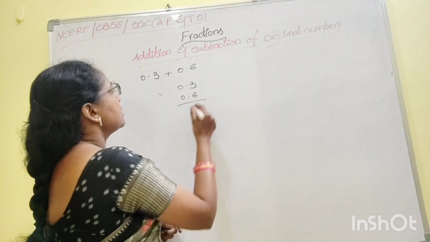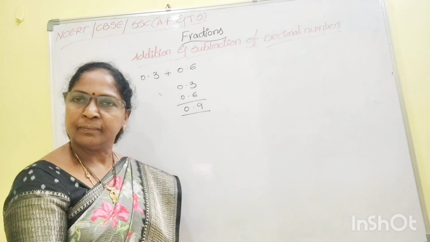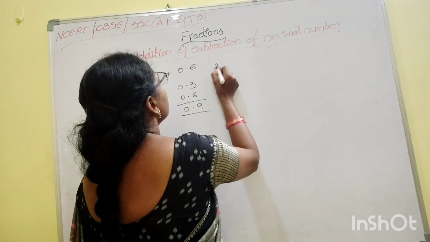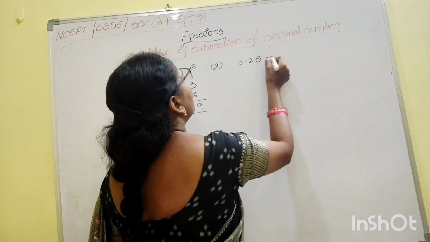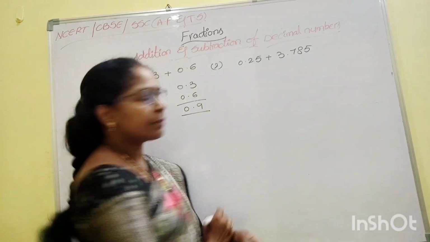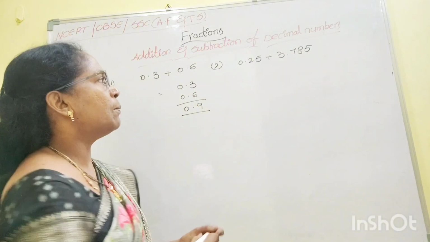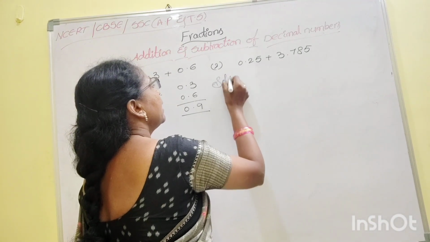Now add 3 plus 6 is 9. Now suppose the second question: 0.25 plus 3.785. How to add these two numbers? Add these numbers in the vertical manner.